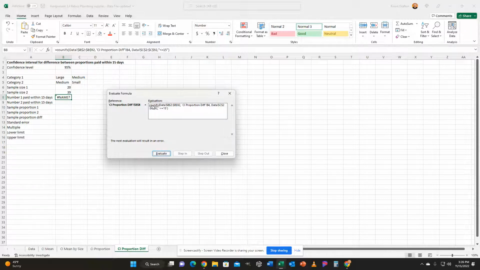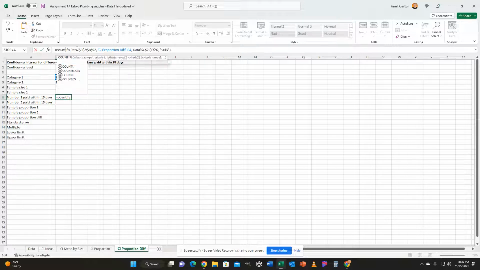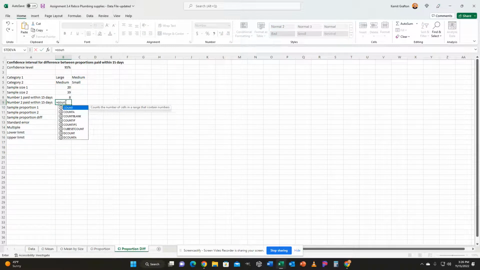See what it's showing me where my error was at. So I can go up there. So it's supposed to be COUNTIFS. There we go. All right, now it returned 8. It's sometimes good so you can see my error, so in case you get a similar error, you know how to correct it.